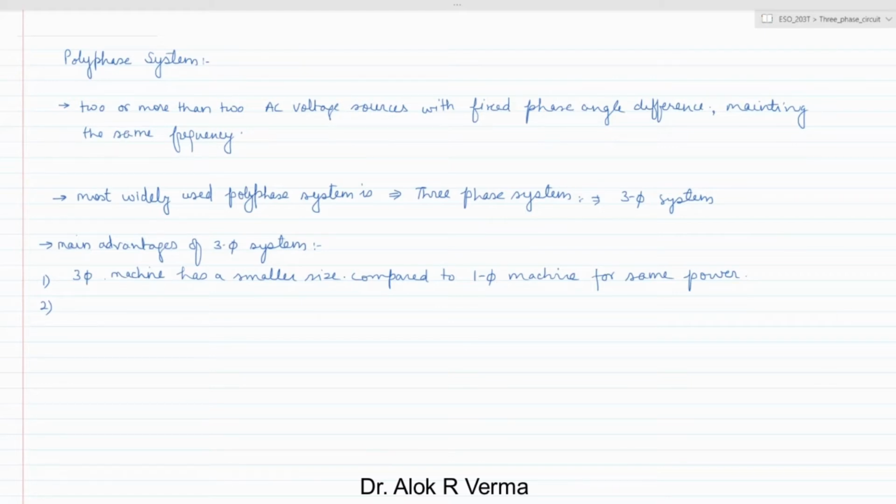So the voltage drop per conductor from source to load is less compared to the single phase system.